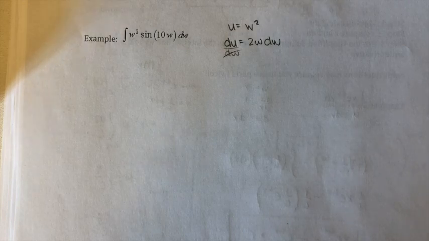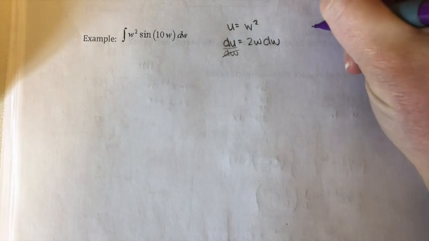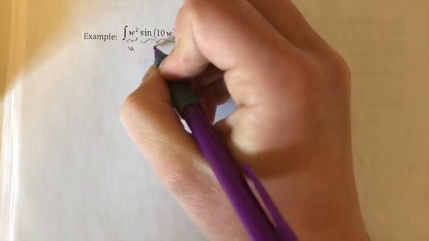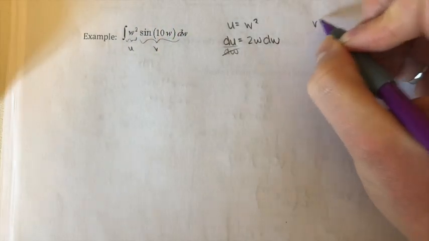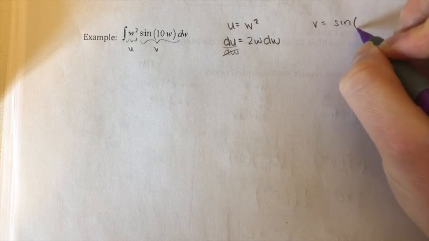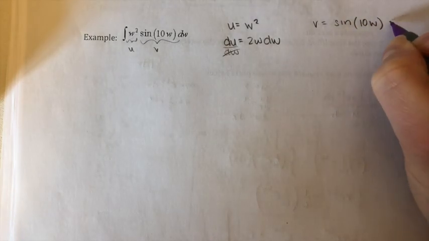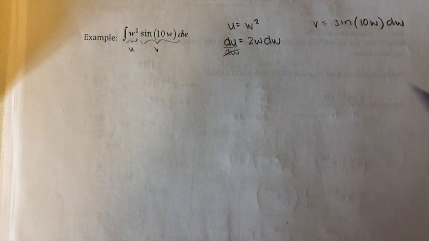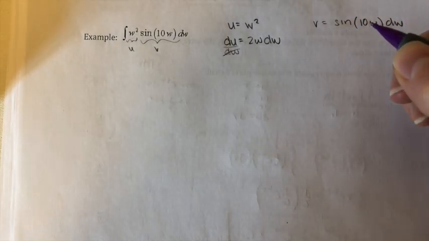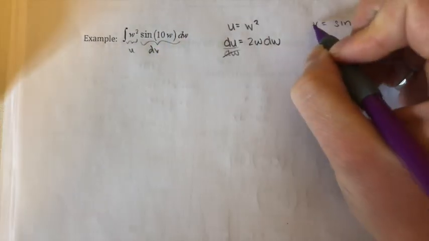Okay, so that's definitely easier. And then the sine 10w, so this was u, this was v. So v is the sine 10w dw. Or sorry, this is dv.